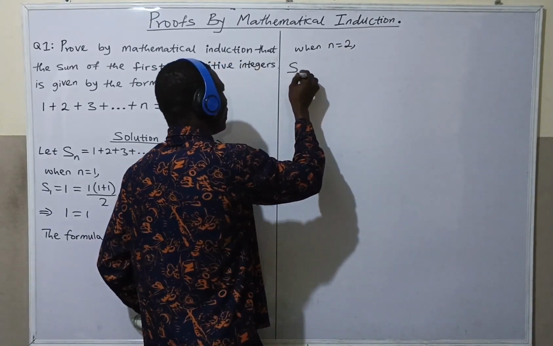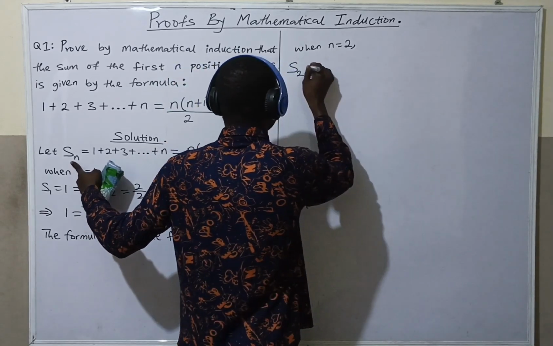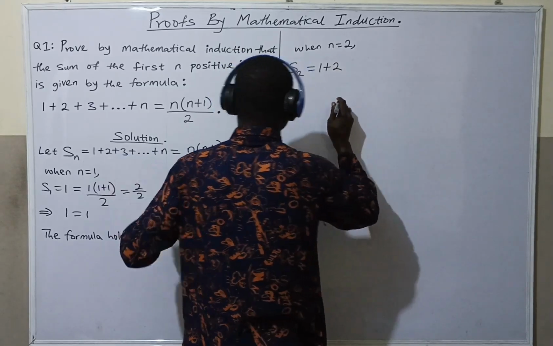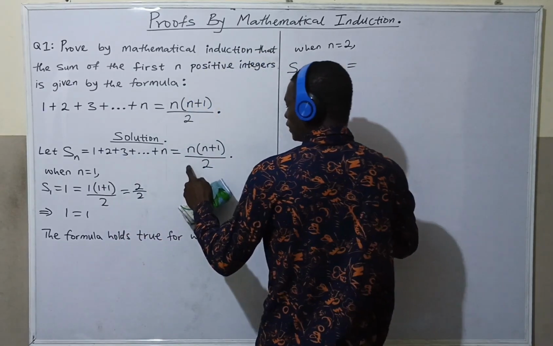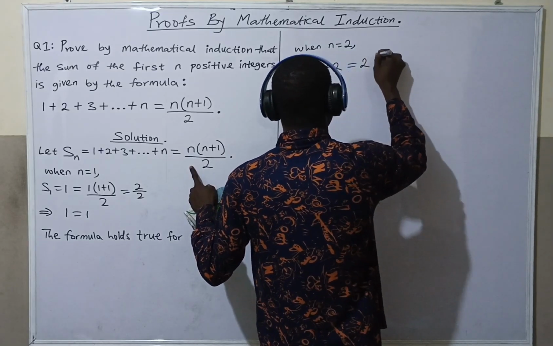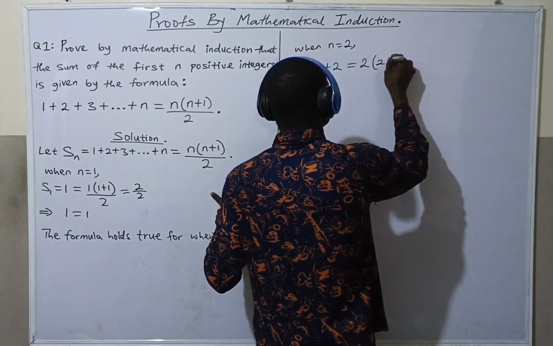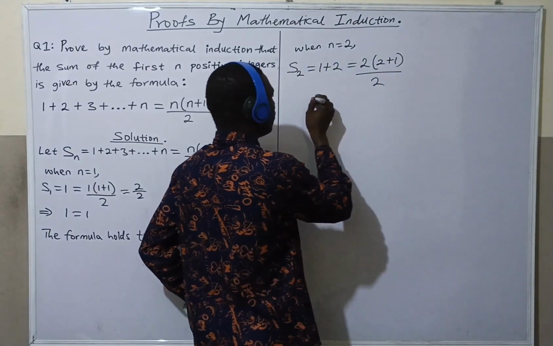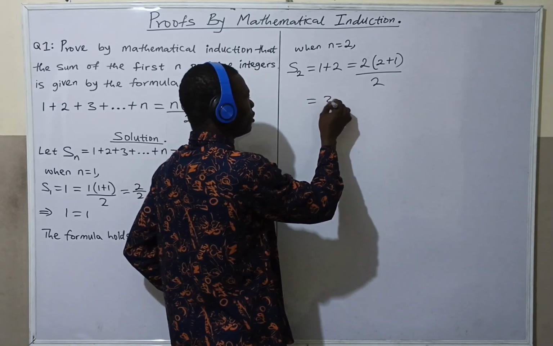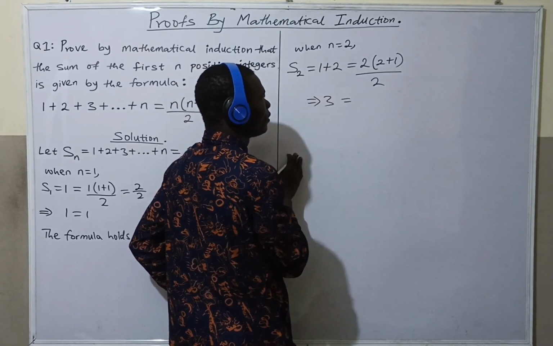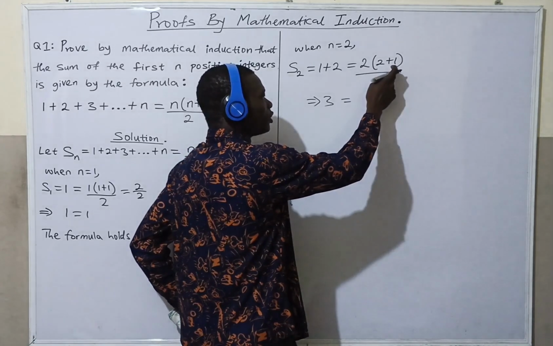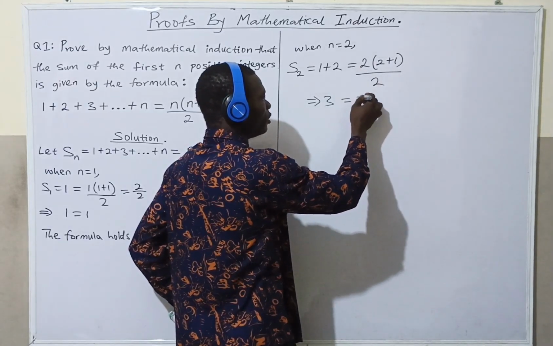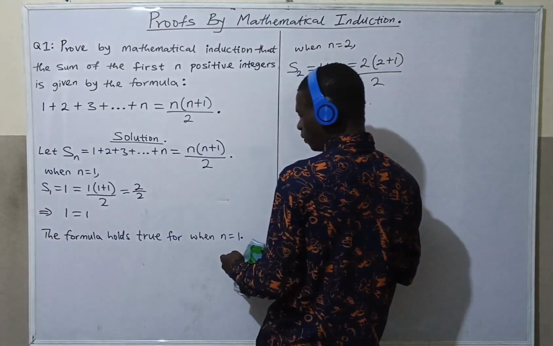So we'll be having s subscript 2 as we have here, and that must be equal to 1 plus 2, because these are the first 2 values, and that must be equal to, again, on this other side of the equal sign, 2(2 + 1) divided by 2. Also, when we evaluate, this is going to be 1 plus 2, that's going to be equal to 3, and on the other side of the equal sign, that's 2 times 1, that's going to be 2 plus 1, is going to be 3. Then 3 times 2 will be 6. And of course, 6 divided by 2 is still going to be what? 3. So this same formula holds true for when n is equal to 2.